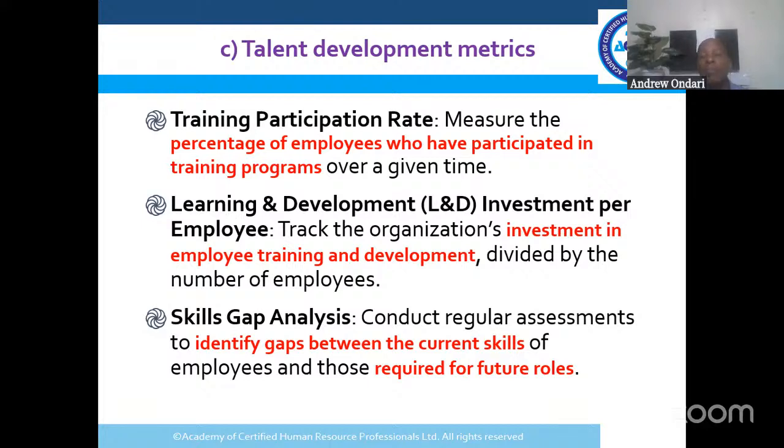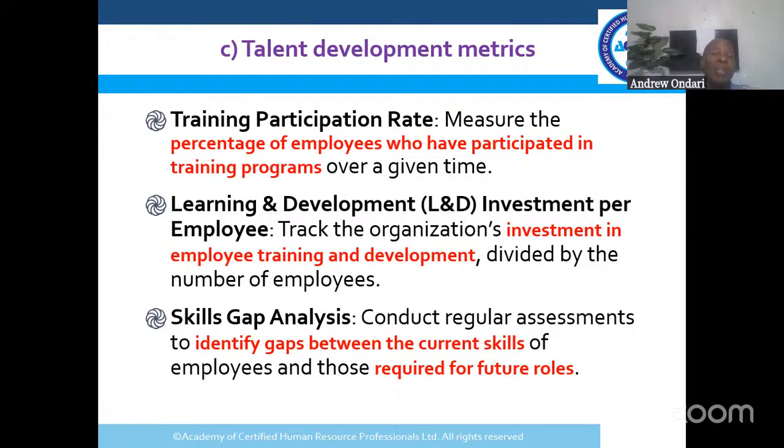So you ask them, especially on the part of reactions, what the training was like, the relevance of the training, whether they liked the training, and whether the training environment was conducive. That is how they participate in training, especially at the end. So as an HR auditor, you look at whether the employees have been involved in 1, determining their own training needs, and 2, whether the training is producing results according to them.